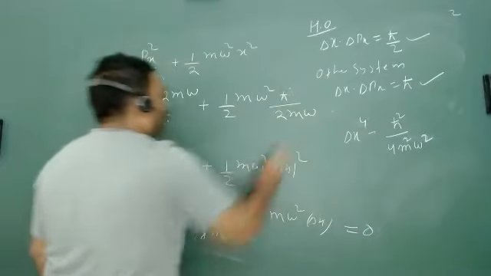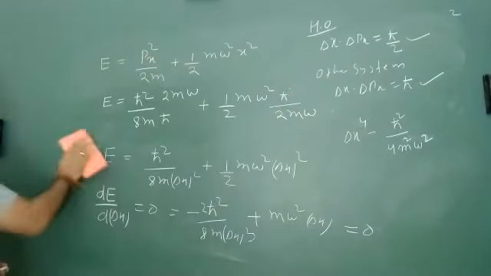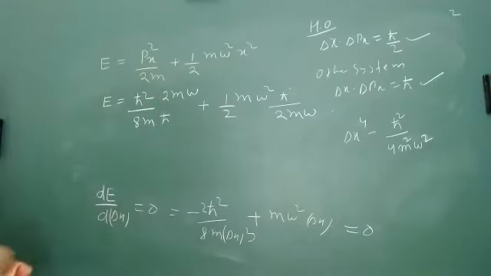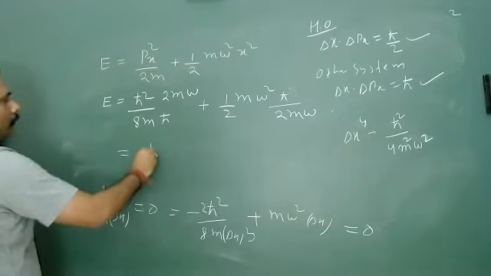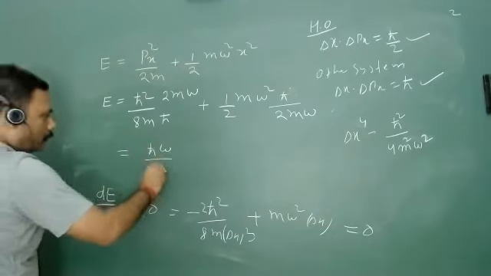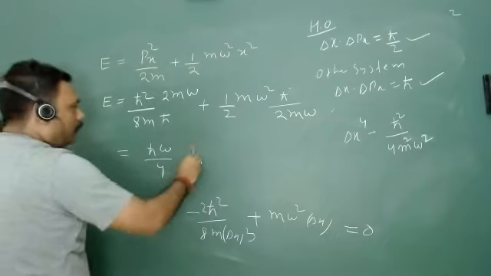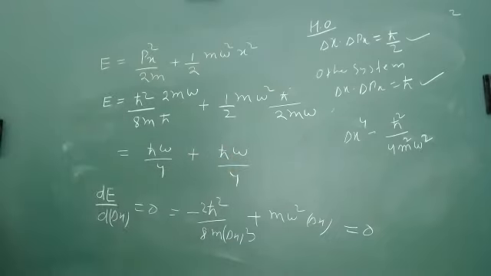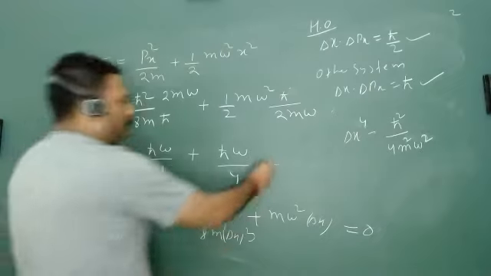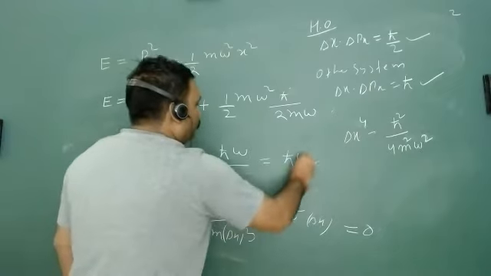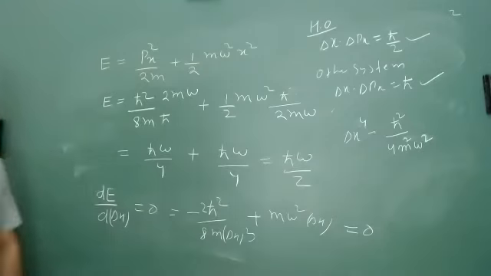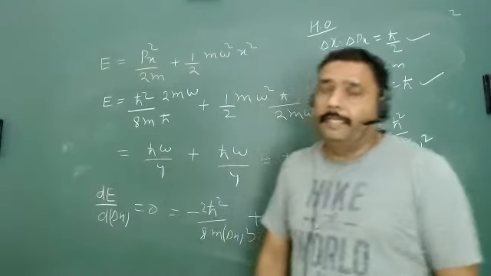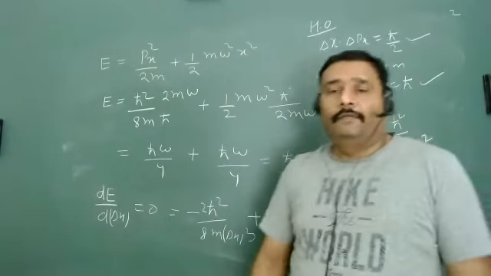And now you will see again, if I calculate it, this will come to h cut omega by 4. Look, this will also come h cut omega by 4, isn't it? Look at the symmetry. And this will come up to h cut omega by 2. And you will find this is the exact value of energy, the exact value of energy we are getting in the lab.